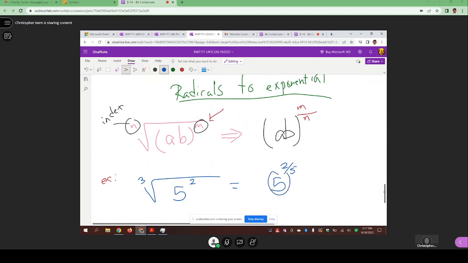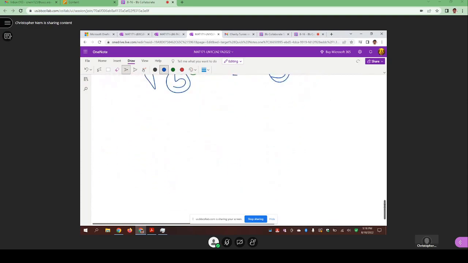Your base is always what's being raised to the power inside the root. Your numerator is the exponent inside that radical. And then your denominator is always your index. So keep those in mind. Moving forward, now we can talk about the properties of radicals.